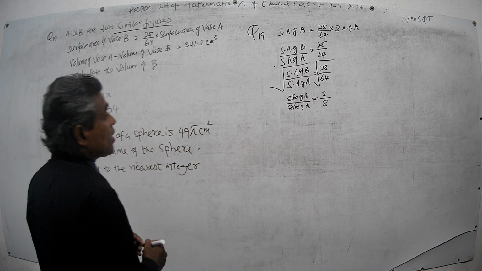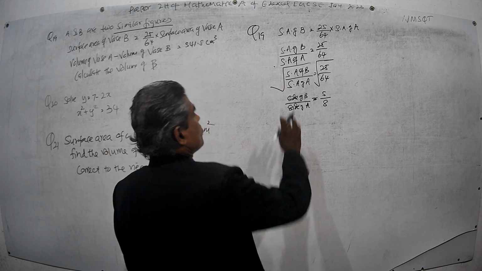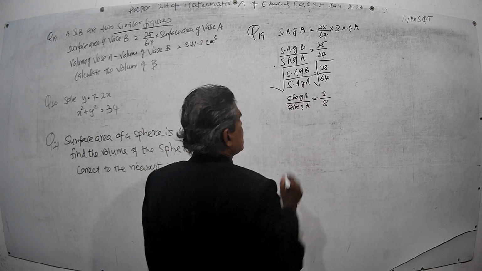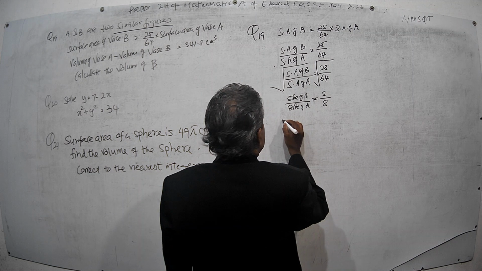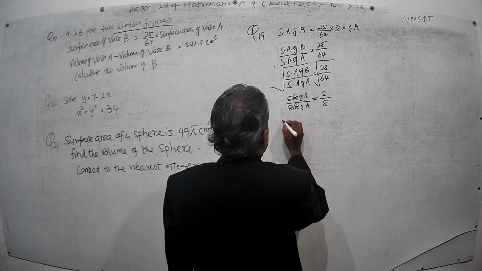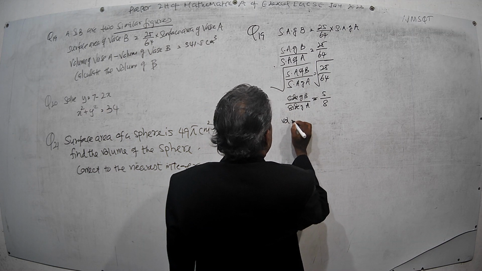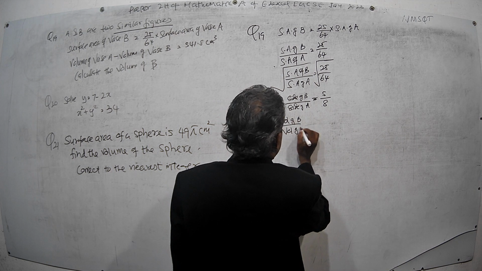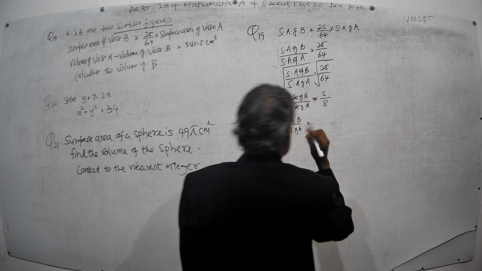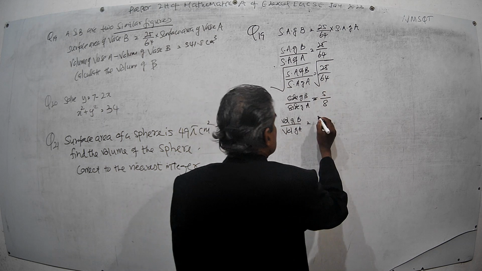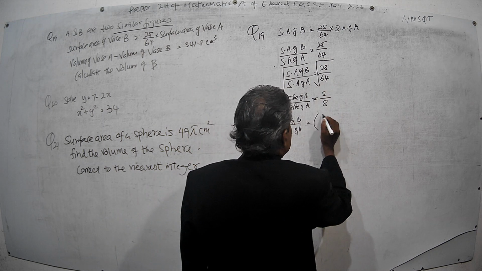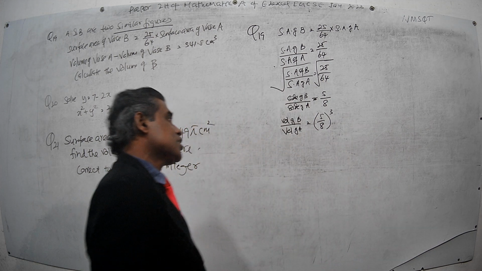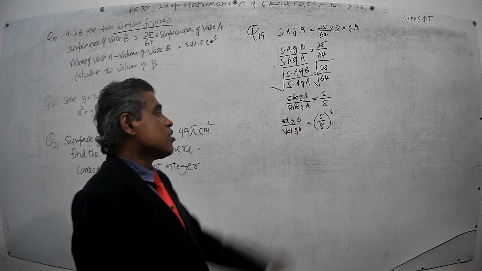Then the ratio between volumes of A and B is the cube of the ratio between sides. Volume of B over volume of A equals the cube of 5 over 8. 5 over 8 cubed is the ratio between volumes.